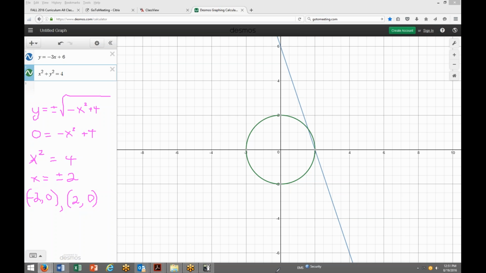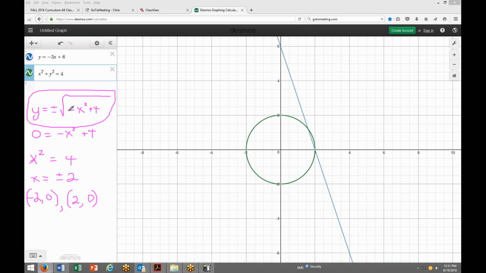And then to find the y-intercepts, you just set x equal to 0, and you have the y-intercepts. Or you can just use this equation right here. You could use this equation quite naturally, again, and just set x equal to 0 here. And when you set x equal to 0, you get y equals plus or minus the square root of negative 0 squared plus 4.